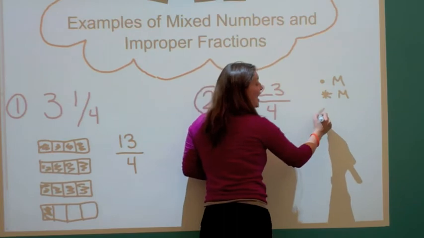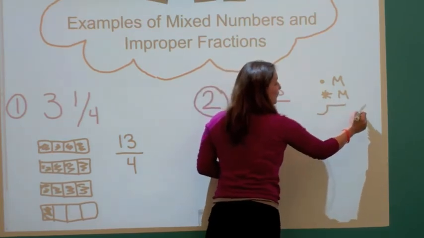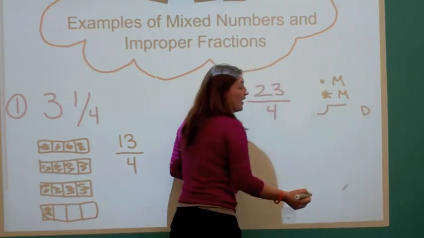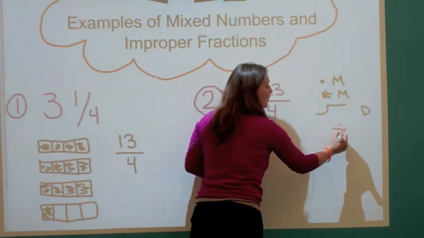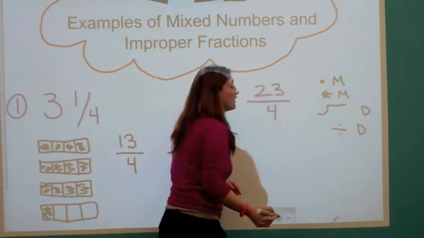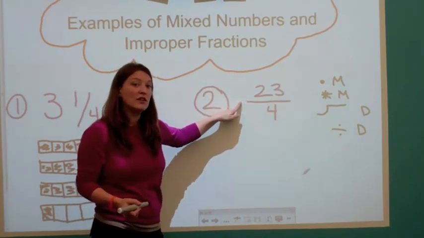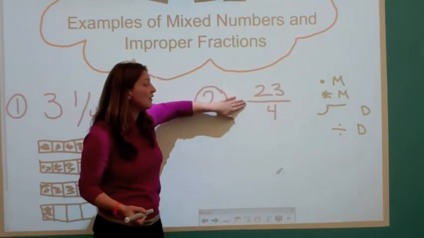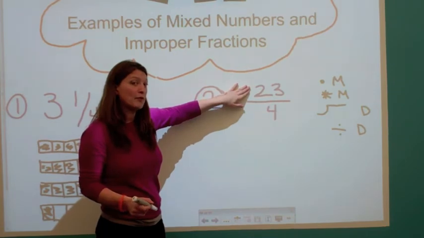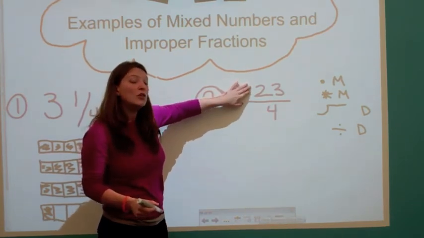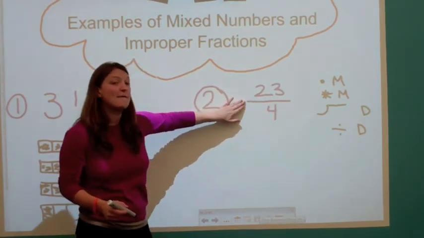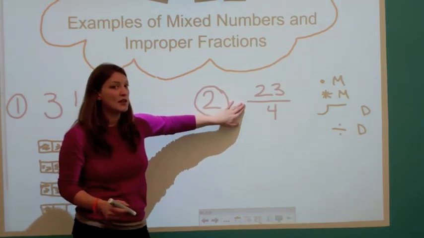We've learned that this symbol stands for division, and we know that this symbol stands for division. This fraction line also means division. So when you're looking at an improper fraction that has more on the top, you can actually say divided by when you see the fraction line.